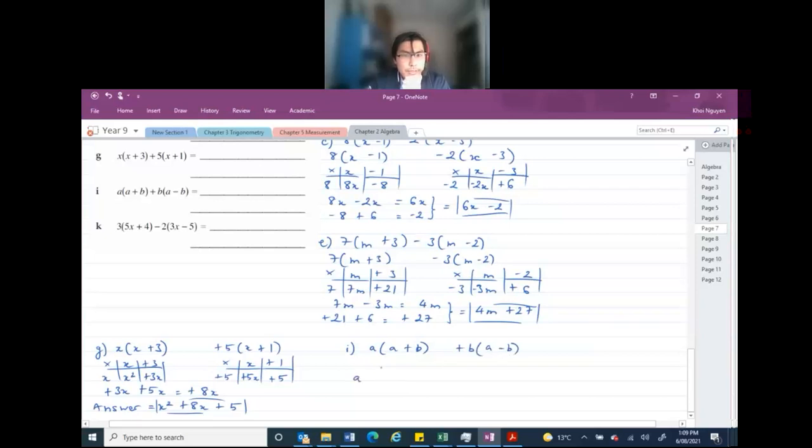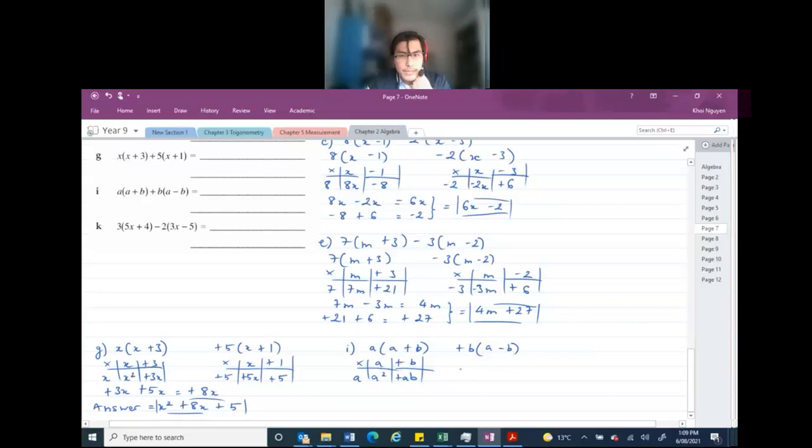So a on the outside, and then a plus b. a times a is a squared. a times b is ab. Because they're both positive, I'm assuming this is positive because there's no negative sign in front, so that's going to be positive.